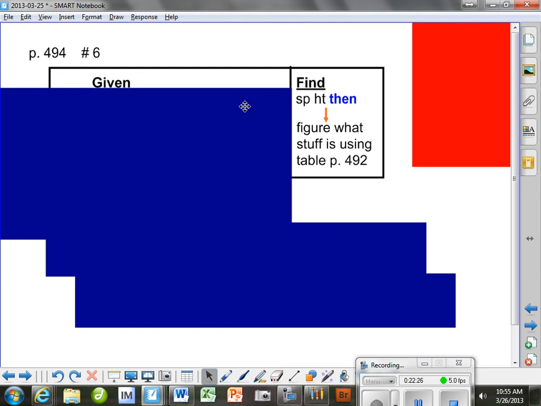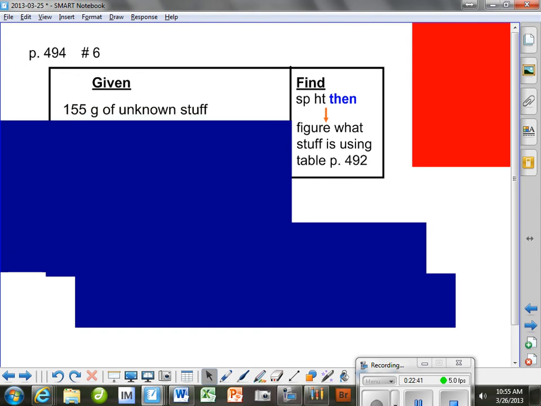So, let's go ahead and get the given. And Alyssa, would you please tell us what the given is? Or givens? 155 grams. Okay, 155 grams of unknown stuff. 25 degrees Celsius. All right, carry on. Next one. 25 degrees Celsius.